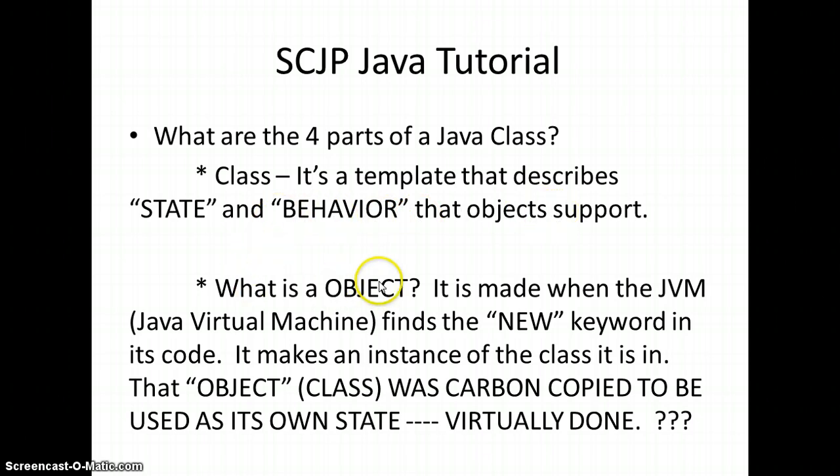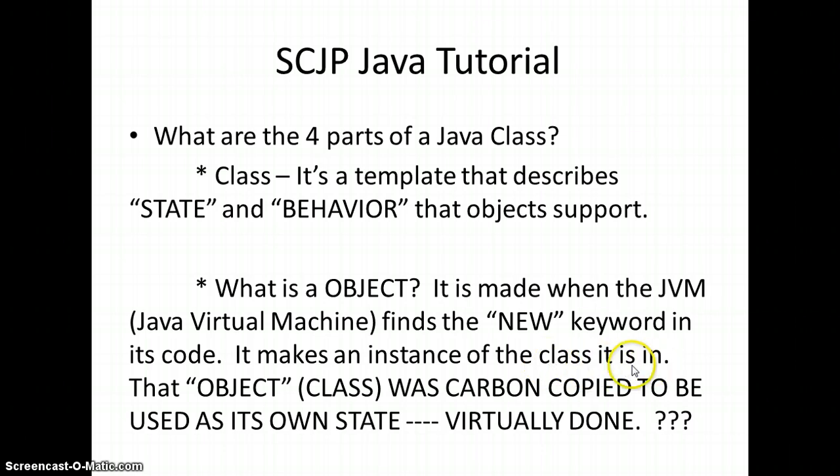So what is an object? Everybody's getting confused right there. What's an object? That's the main thing. It's made when the JVM, the Java Virtual Machine, finds the new keyword in your code. Always remember the new keyword. You'll see this when I make some code. It makes an instance of the class.